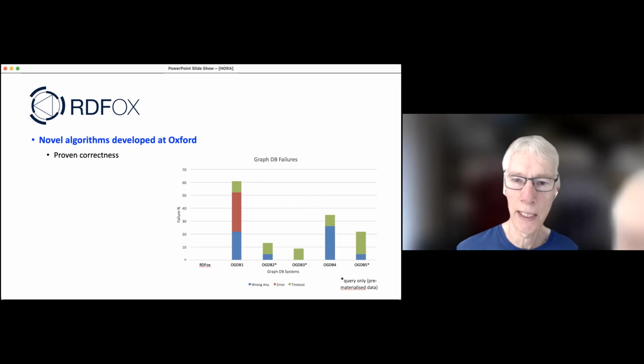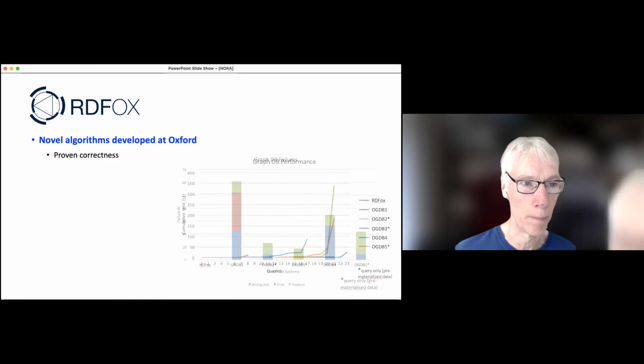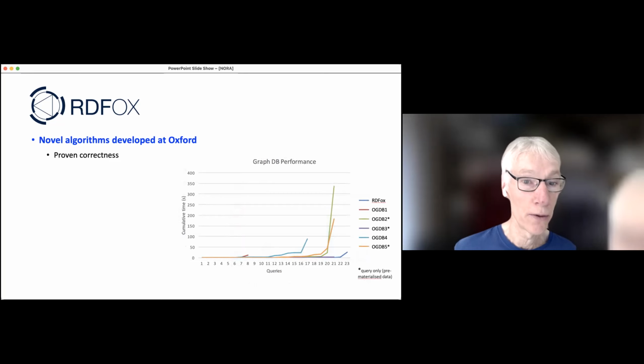And that's really difficult, if not impossible, I would say, for these complex logic-based algorithms. Another thing is performance. Although RDF-Ox is correct, it's also proved to be much faster than many of these other systems.